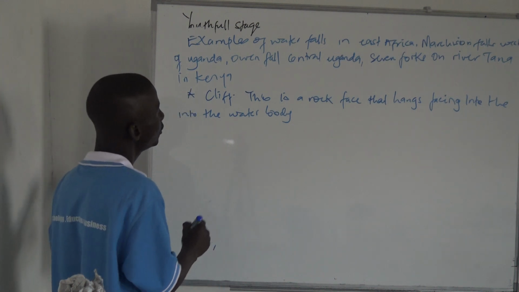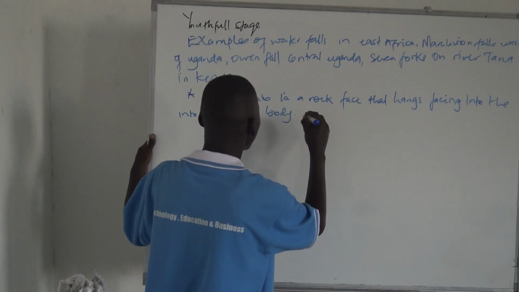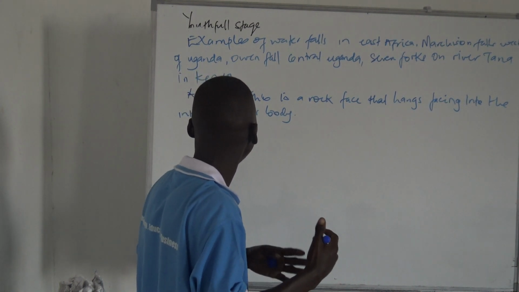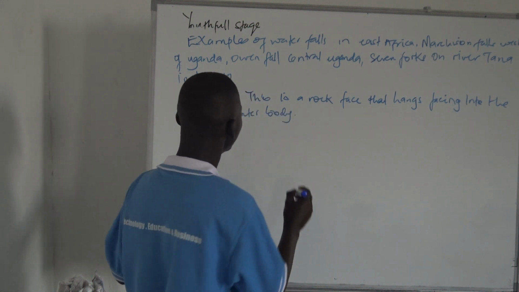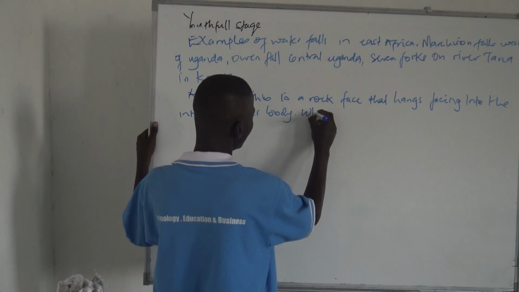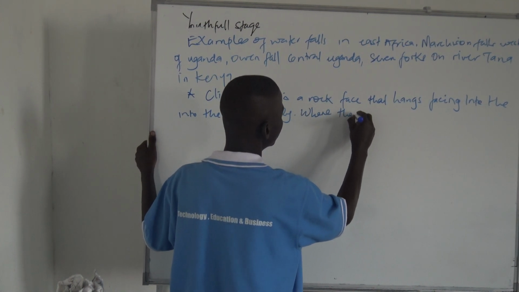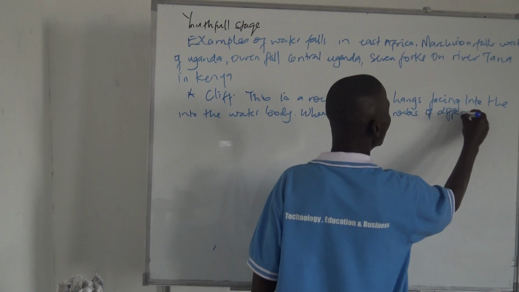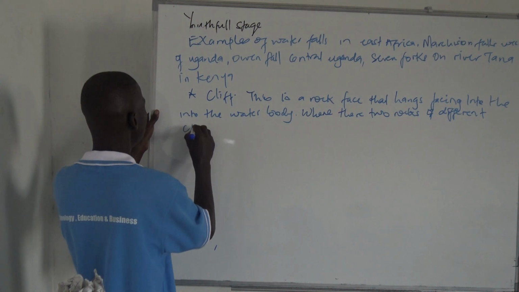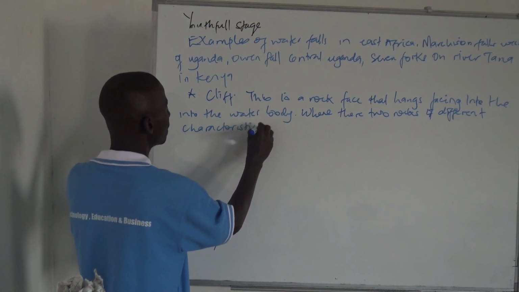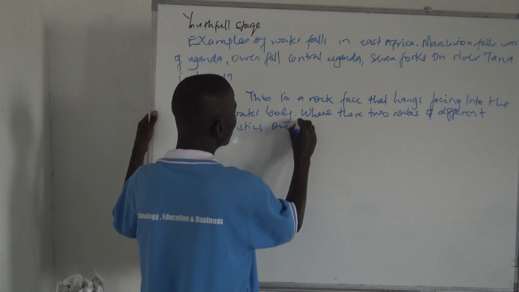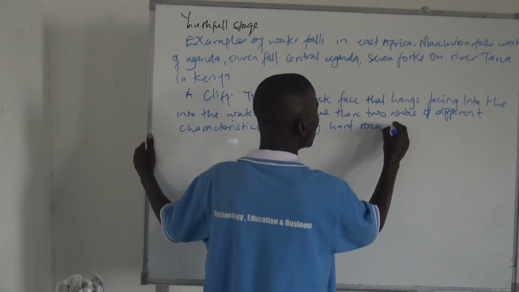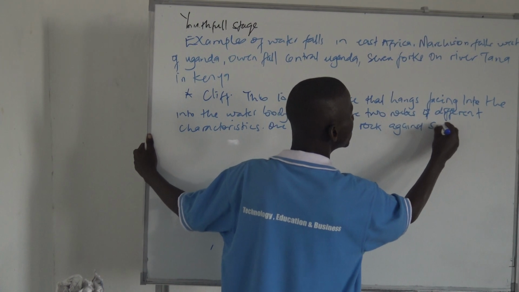So I was explaining for you that sometimes, where two rocks of different characteristics are found, one being hard rock against soft rocks, the soft rock is removed.